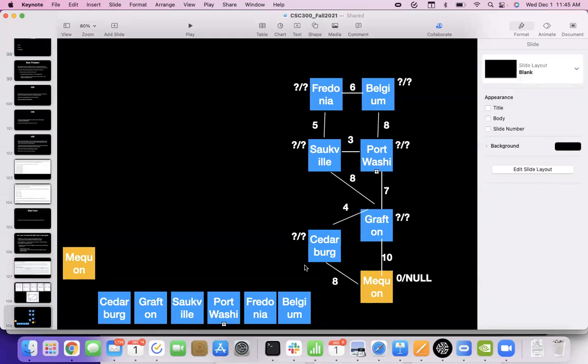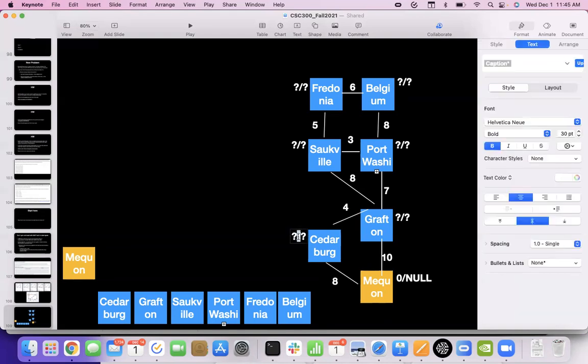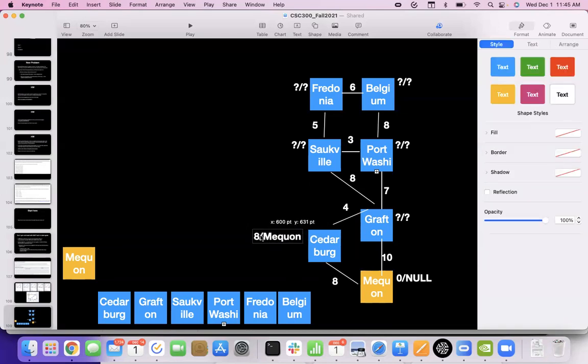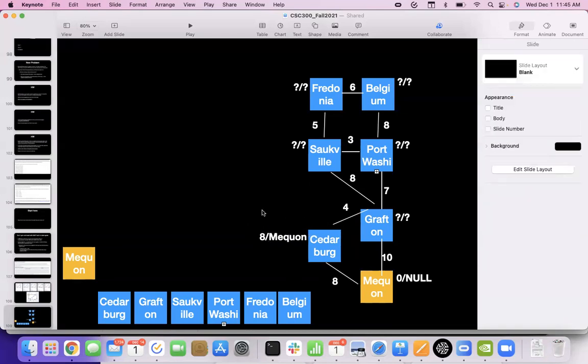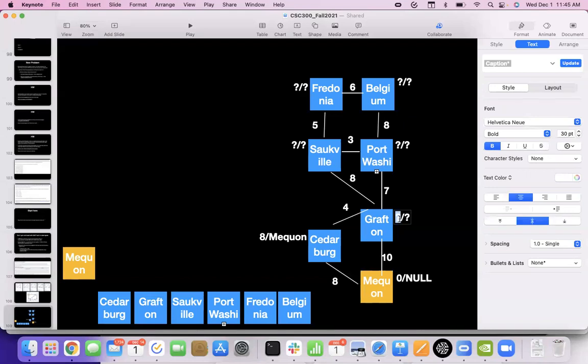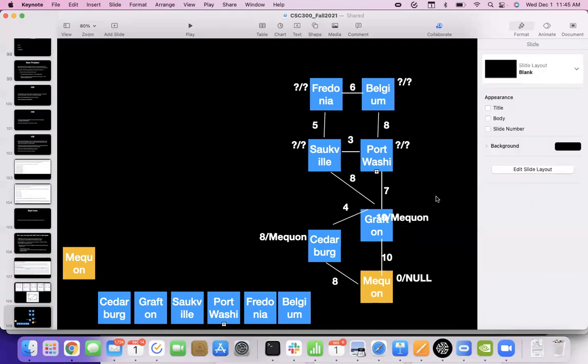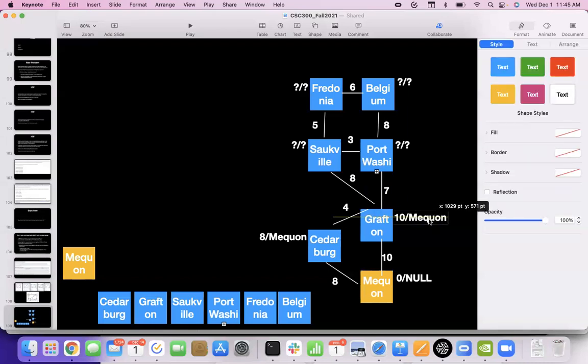So 8 plus 0 is 8. Is 8 better than infinity? It is. So we'll change this guy to be an 8 by way of Mequon. Similarly, Grafton is a 0 plus a 10, which is 10. Is 10 better than infinity? It is. So this is 10 by way of Mequon.